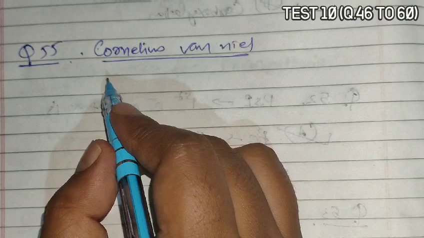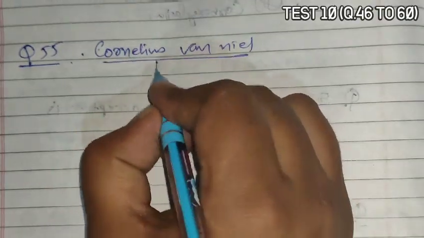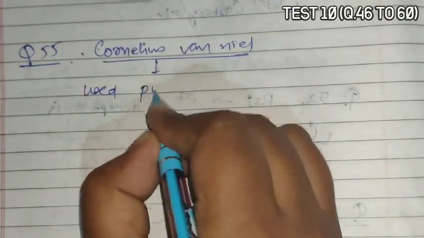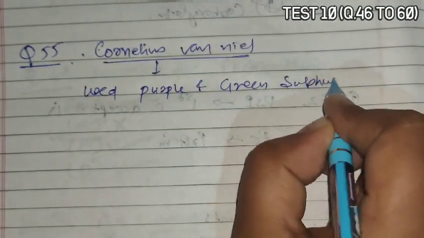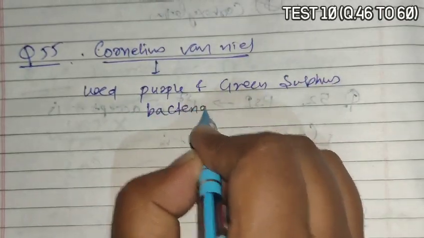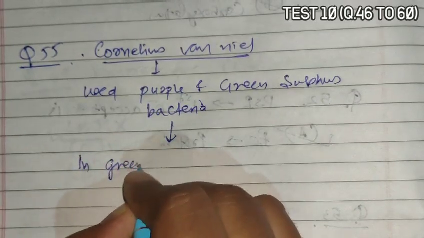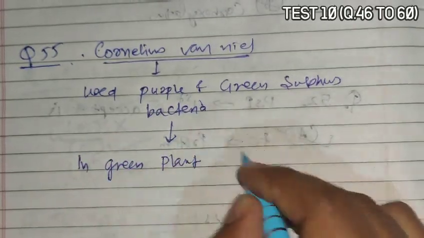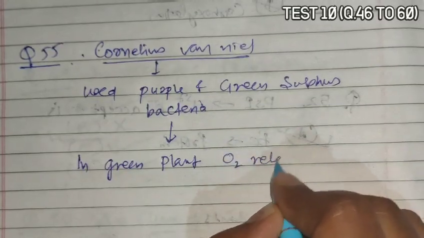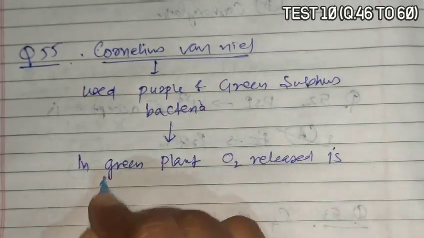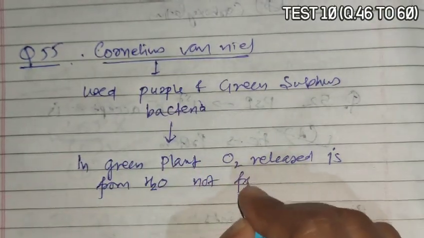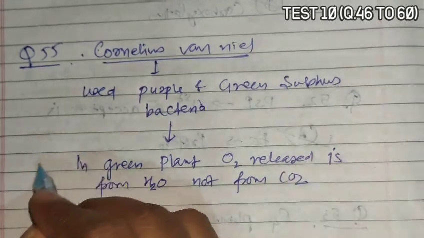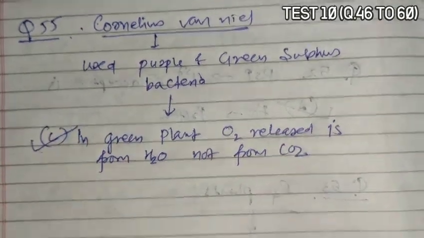Now Cornelius van Niel used purple and green sulfur bacteria and showed that in green plants the O2 released is from water and not from CO2. So C becomes the correct answer.